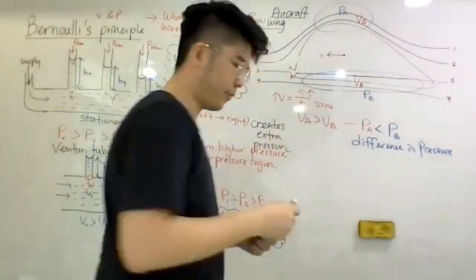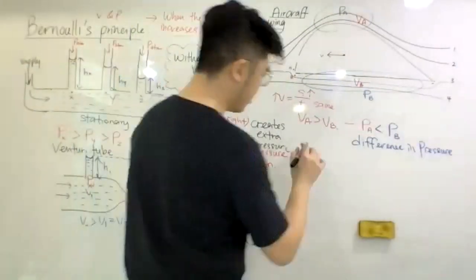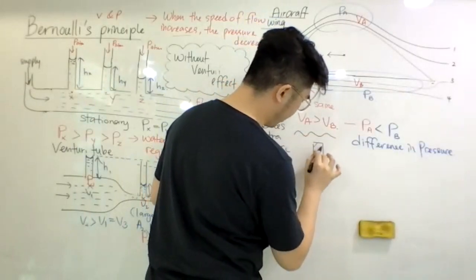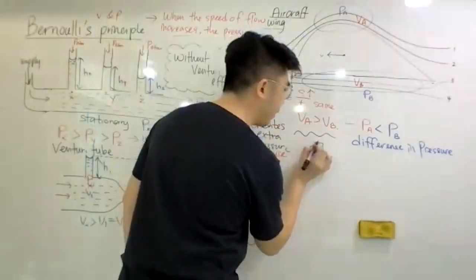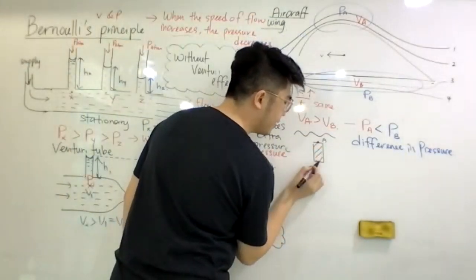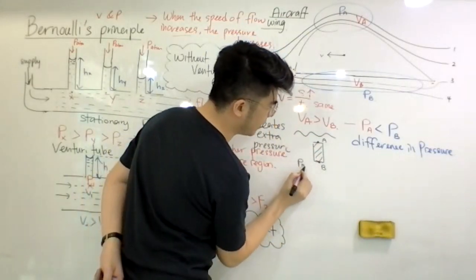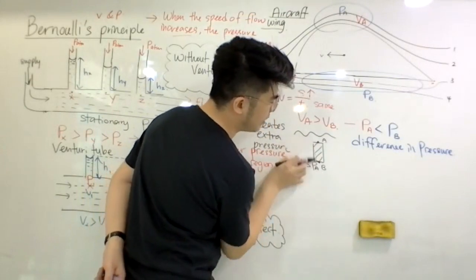Just like our previous lesson, we learned about the Archimedes principle. Remember, you put an object underwater. There is a difference in pressure between the upper region, point A, and point B. Which pressure is greater? PB is greater than PA, because pressure in liquid increases with depth.